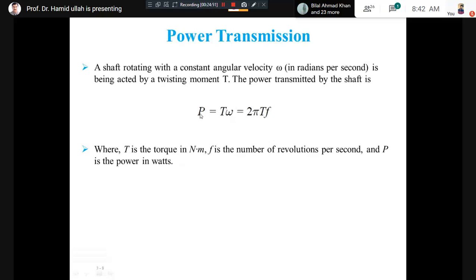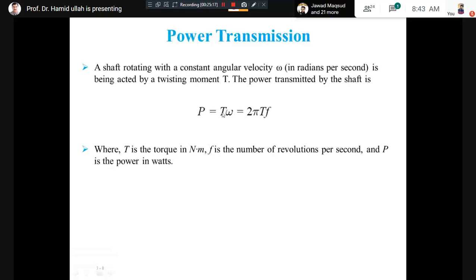What will be the unit of T? It is a torque, so everybody should know the unit of torque is Newton meter. What is angular velocity? Here omega, or you can say small w, will be in radians per second. When the given data is in radians per second, you can use this formula.